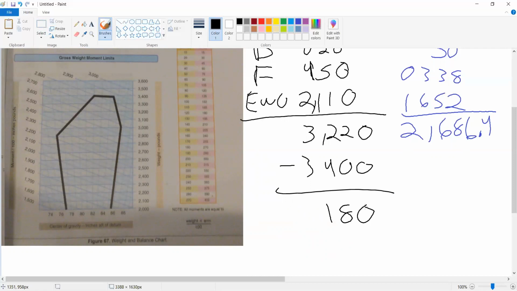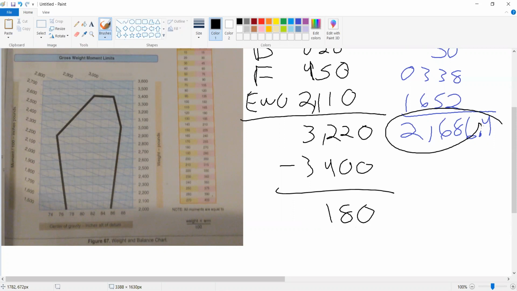But on the previous problem, I didn't check it, right? So that means we can add 180 pounds less of back weight, which is great. But is this within limits?